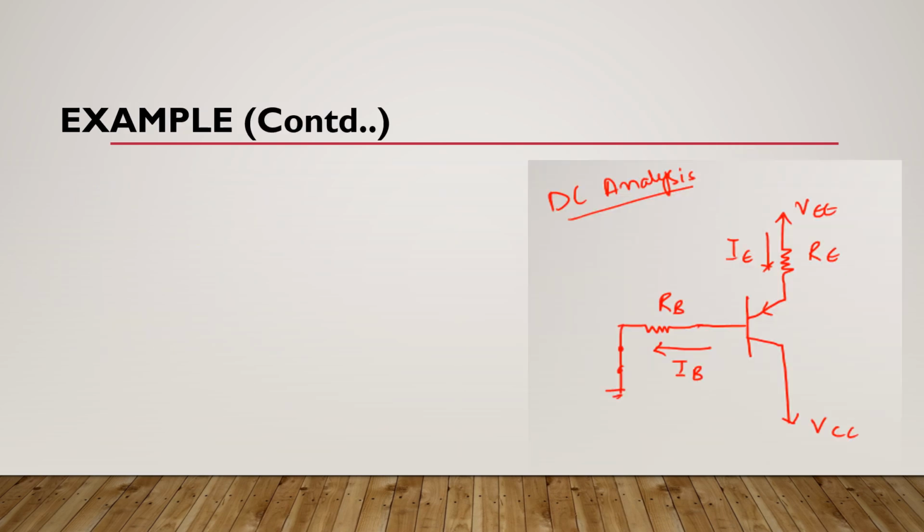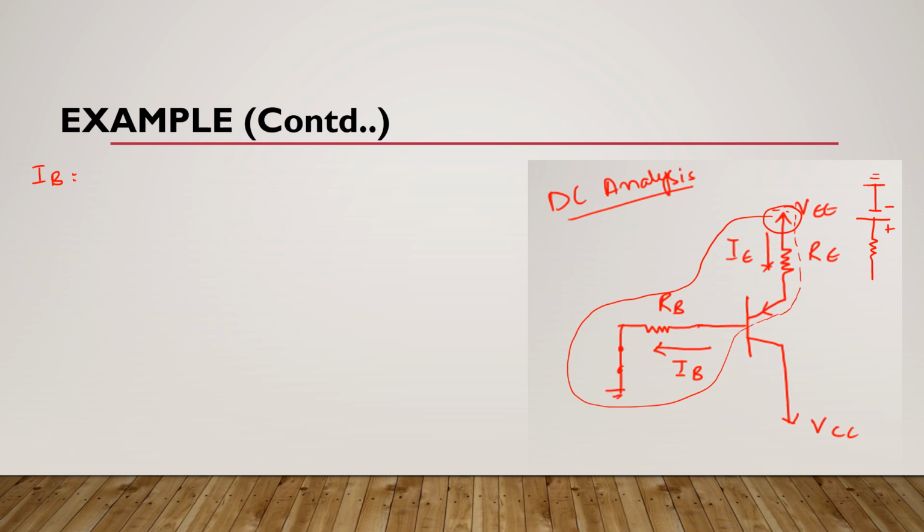Now first we will find base current IB, and for this we will apply KVL in this region, and we start from this point. We know that this arrow means this RE is connected to the positive terminal of this VEE, and this is the negative terminal.